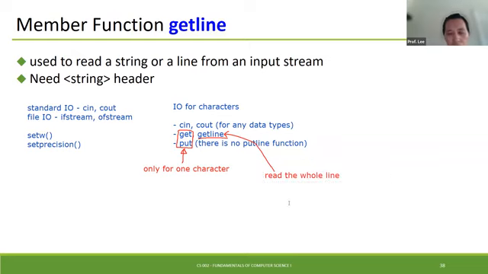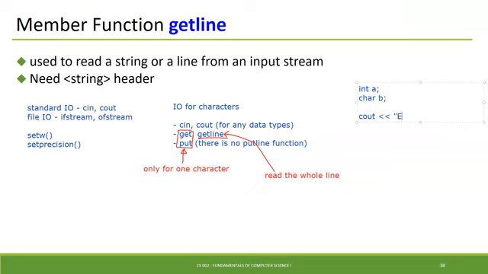So at first I hope you have this categorization. If not, it is very confusing. And get is like this. For example, let me have int a, char b. Cout, enter one integer, and cin a.